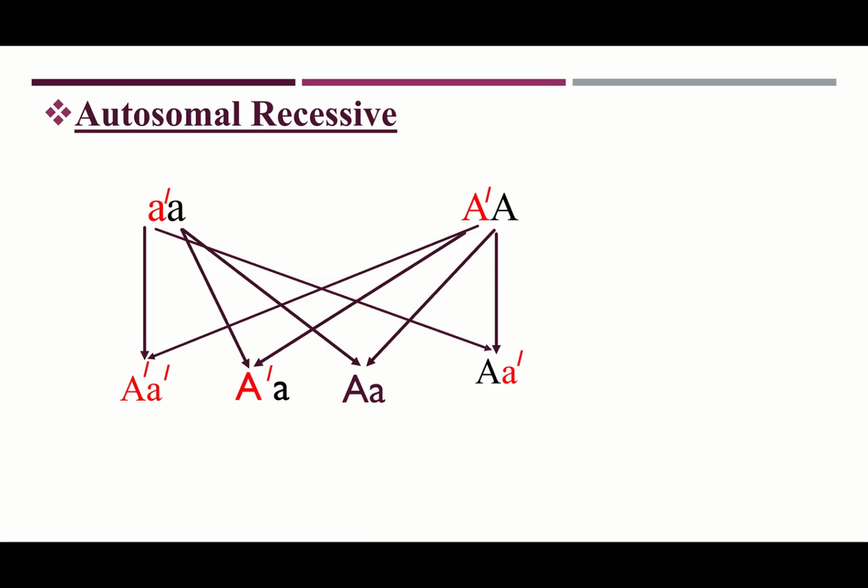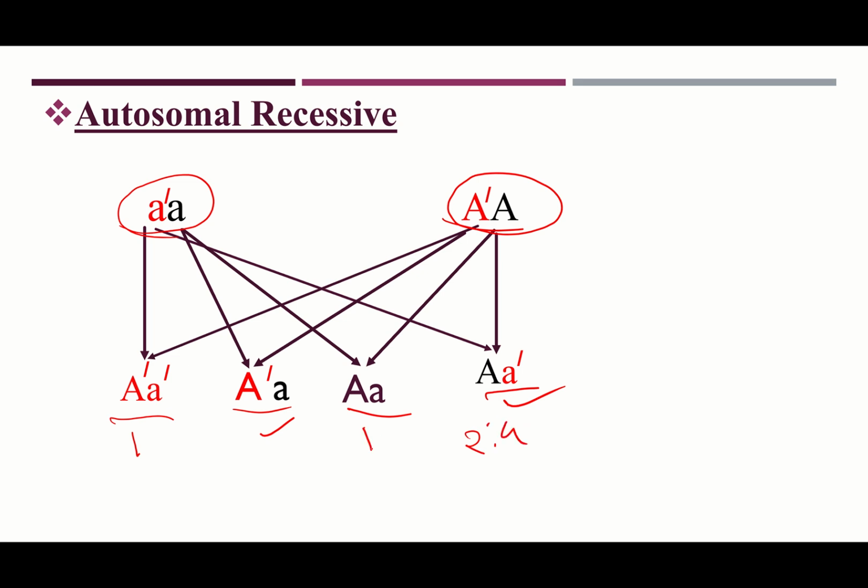So we do the math. In an autosomal recessive condition, both the mother and the father are carriers. So this is the outcome they will have: 1 out of 4 being affected, 1 being a carrier, another being a carrier, so 2 out of 4 being carriers, and one being healthy.